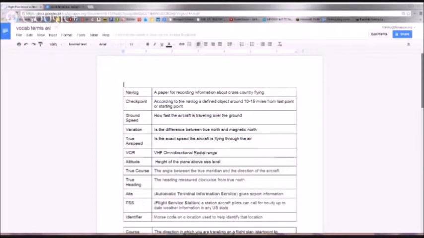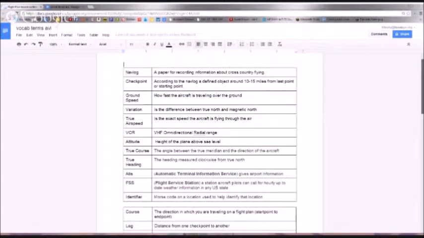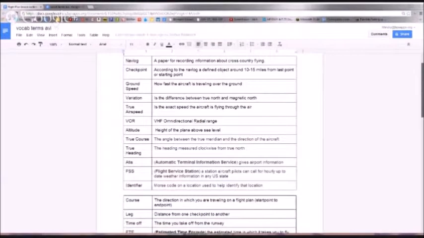The next one is checkpoints. It's, according to the navlog, a defined object around 10 to 15 miles from the last point or start point. Ground speed is how fast you're traveling over the ground in an aircraft. Variation is the difference between true north and magnetic north.